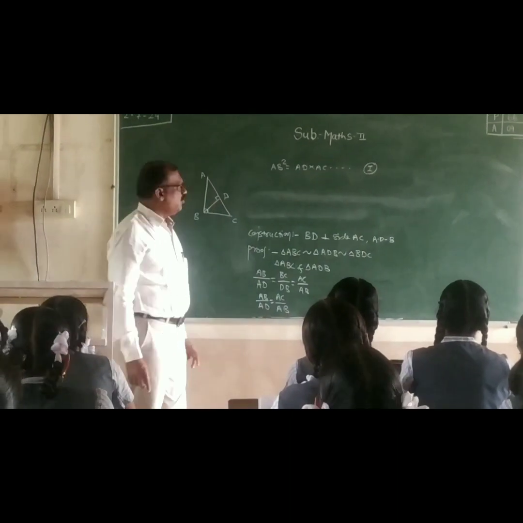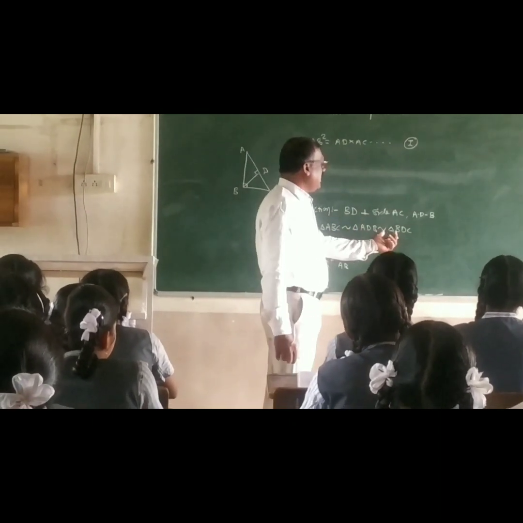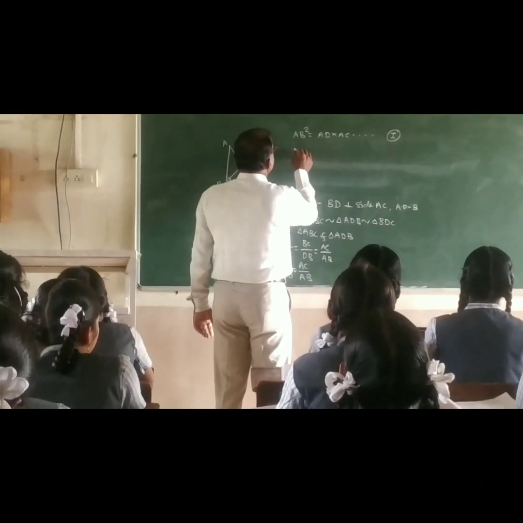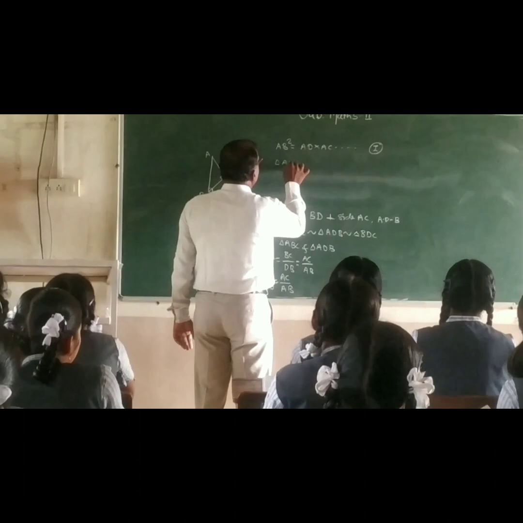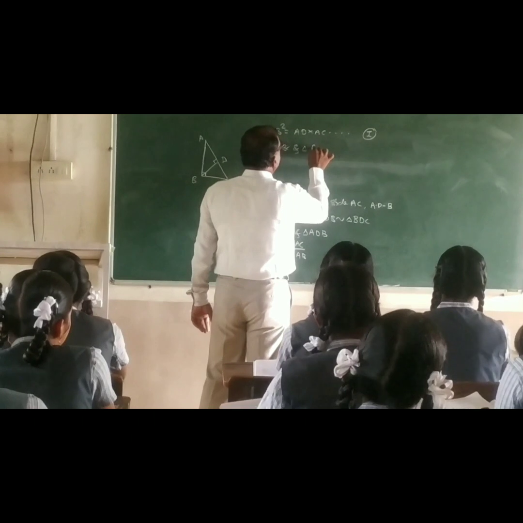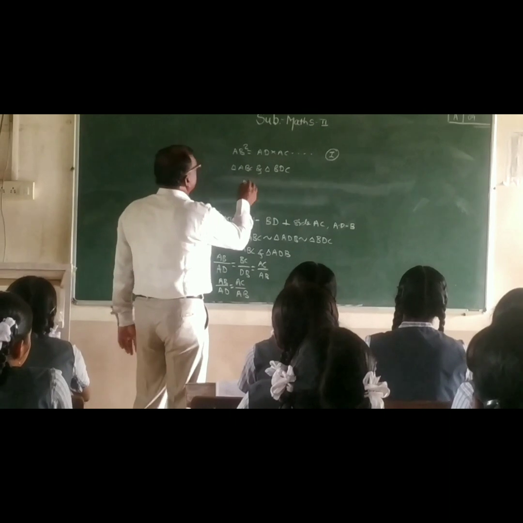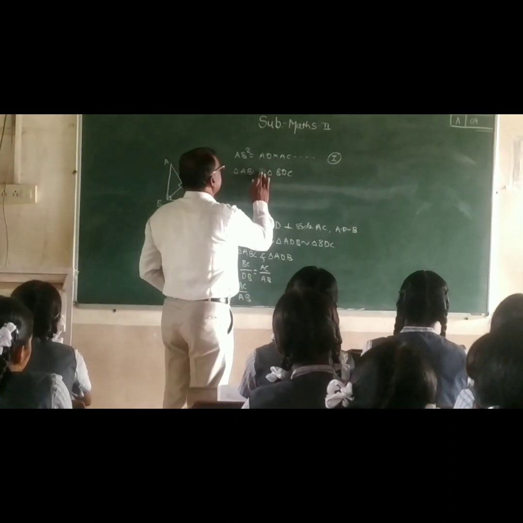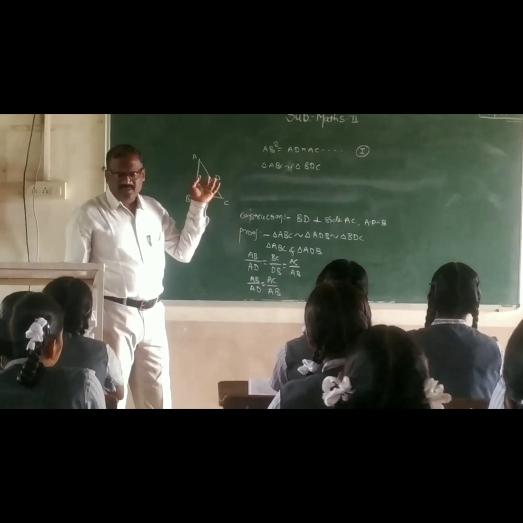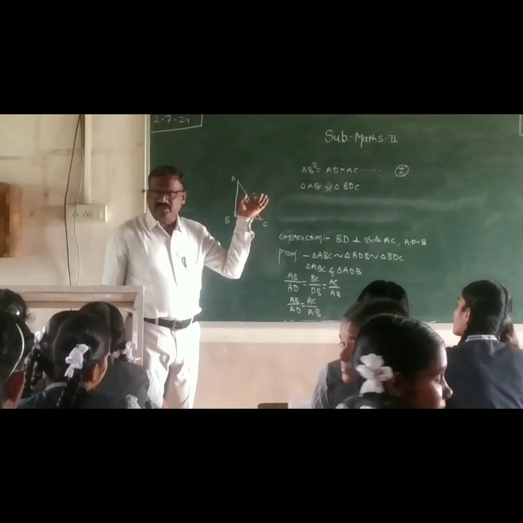Now another pair, triangle ABC and triangle BDC. Listen. When these two triangles are also similar, the sides of those triangles are also in proportion.